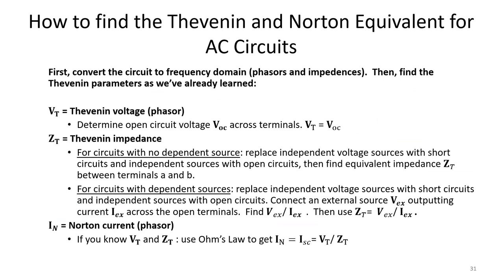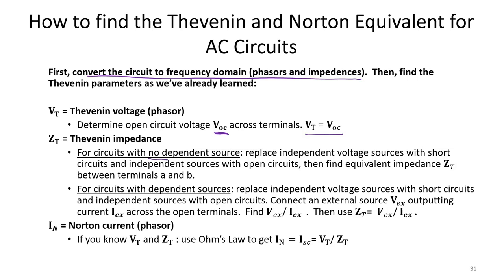Let's briefly review how to find Thevenin and Norton equivalents for AC circuits. As usual, we first convert the circuit to the frequency domain, and then follow the same approach we already know to find Thevenin voltage and Thevenin impedance. To find Thevenin voltage, we find the open circuit voltage across the open terminals. Our Thevenin voltage is equal to the open circuit voltage phasor. For Thevenin impedance, it's just like DC circuits.